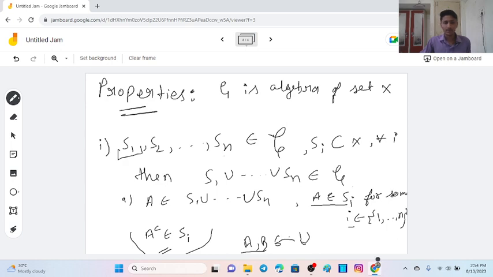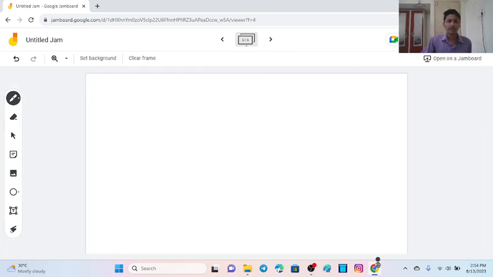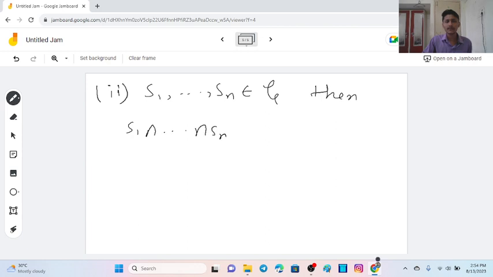Now let's see another property: if S1 to Sn belong to C, then S1 intersection through Sn belongs to C. Okay, this is also clear. Why?